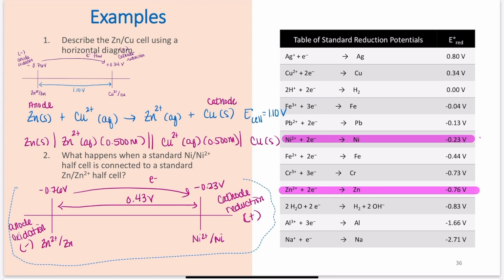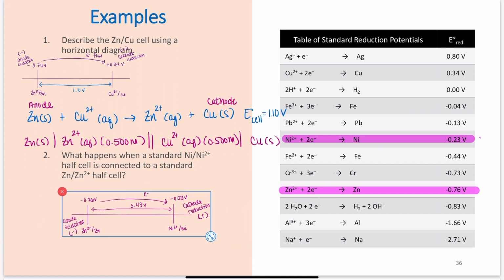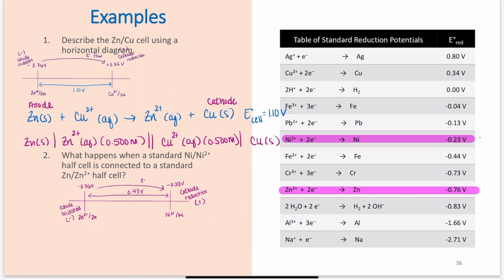So again, not asked for, but just for some extra practice, if I was to write out the reaction, it would be zinc solid plus nickel 2 plus aqueous, giving me zinc 2 plus aqueous plus nickel solid.